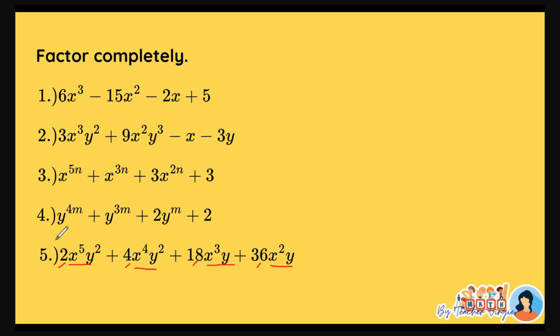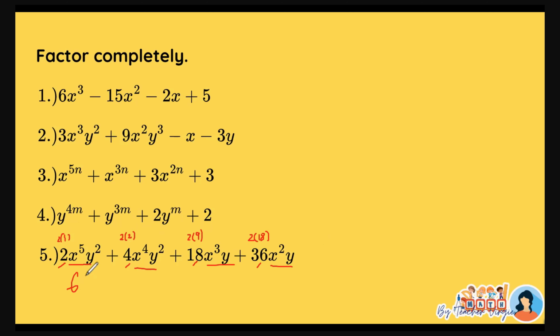The factors of 2 are 2 and 1, the 4 is 2 and 2, and here 2 and 9 for 18, and 36 is 2 and 18. Okay, so they have the same factor of 2, which is the greatest common factor.